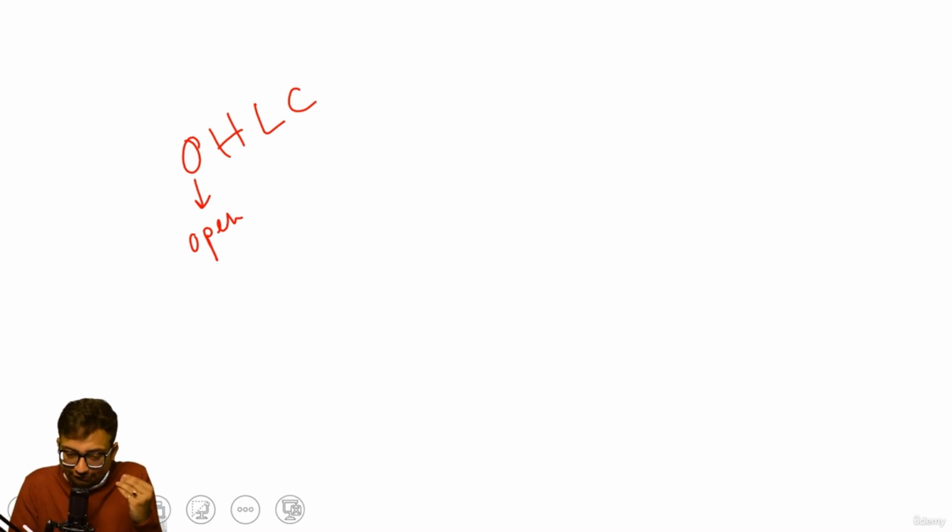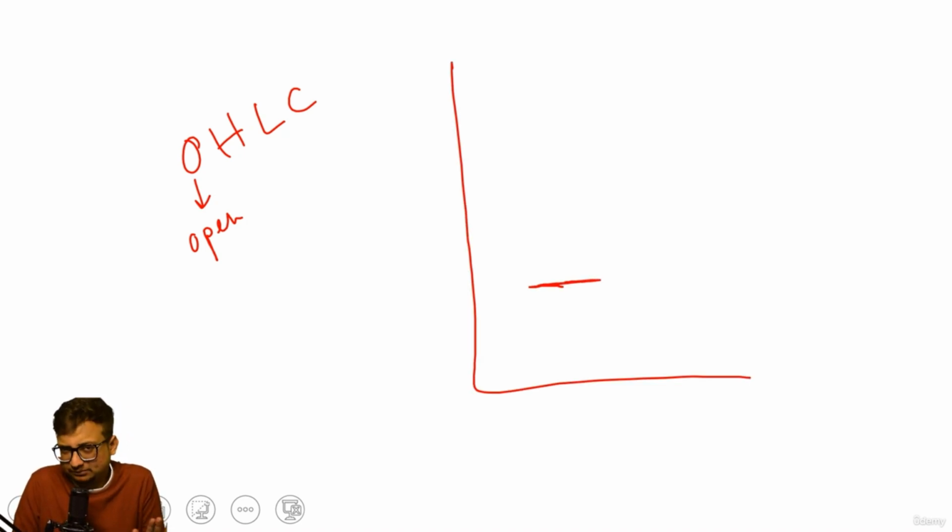For example, this is the stock market. I understand my drawing skill is extremely good, please forgive that, but take this. Okay, firstly, this is the opening. The stock market has opened here, so this is the O.